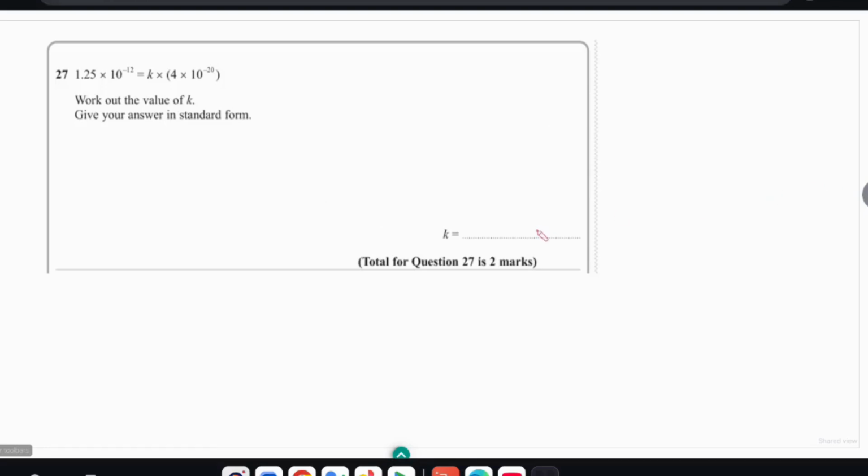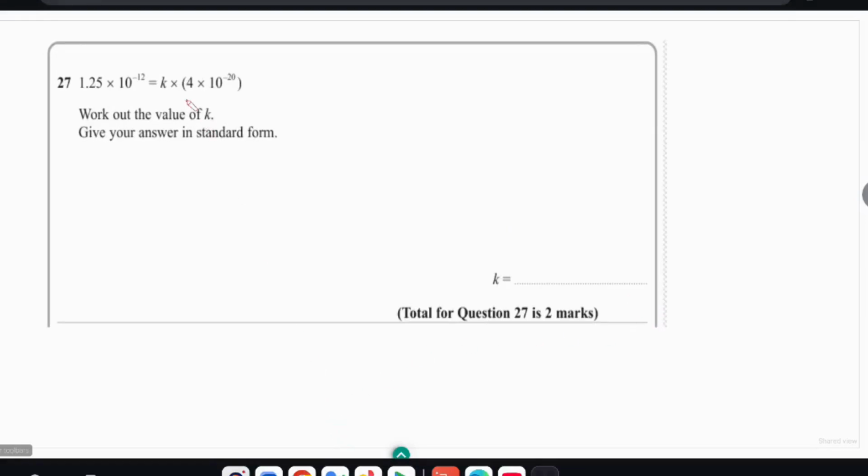Question 27. 1.25 times 10 to the minus 12 is equal to k times 4 times 10 to the minus 20. Work out the value of k. I'm going to use this as an equation, I think. To get k by itself, I need to divide both sides by 4 times 10 to the minus 20. We'll make that a 1 here. So I need to do 1.25 times 10 to the minus 12 divided by 4 times 10 to the minus 20.